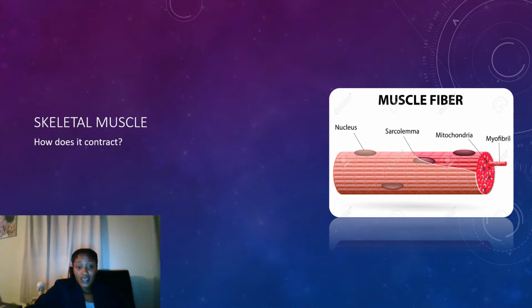It depends, like I said, on those two degrees of contraction, the graded responses. So it's either your frequency of stimulation or the number of muscle cells that are stimulated.